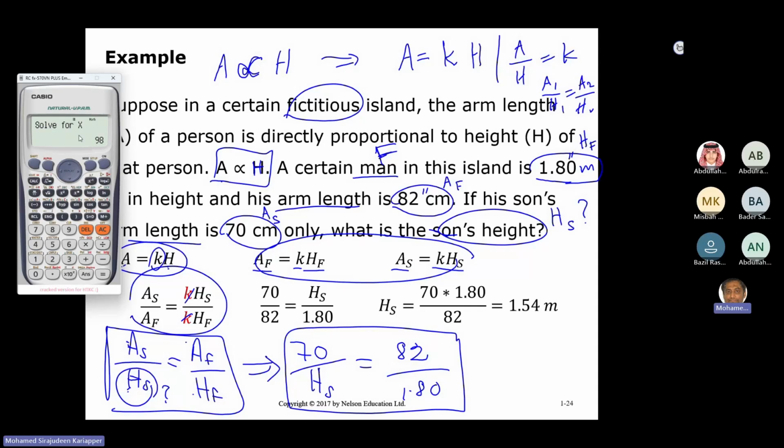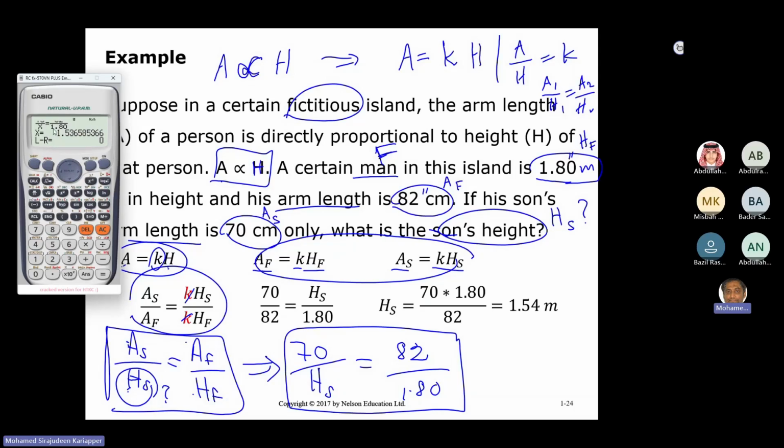This is not the answer, you have to be careful. This is what's in the store in location X from the previous calculation. You have to press the equal sign again, and you should see X equal to something. L minus R is the calculator verifying the answer.